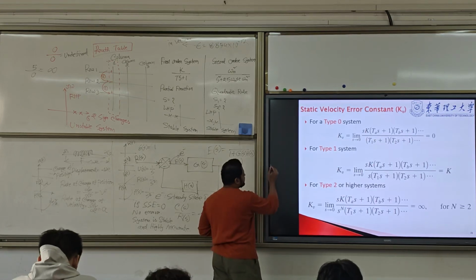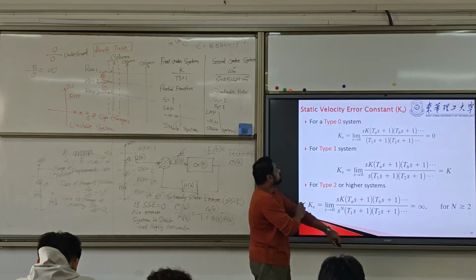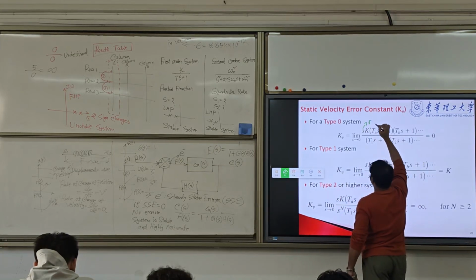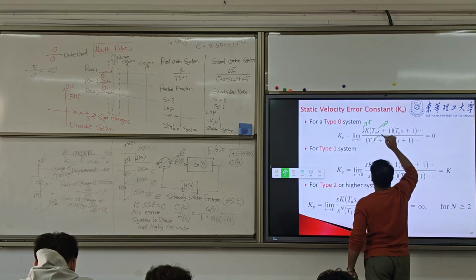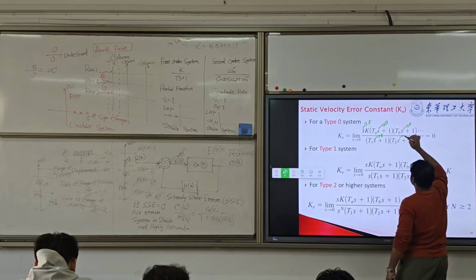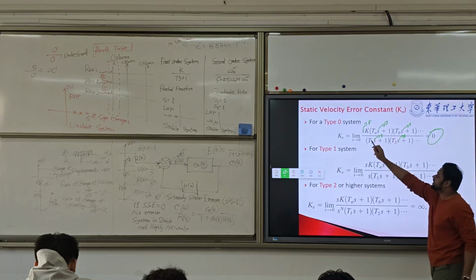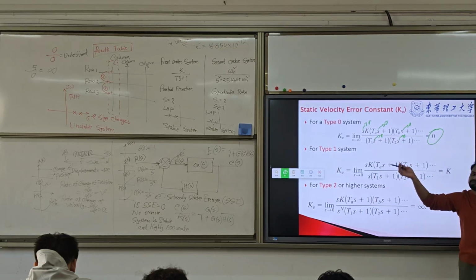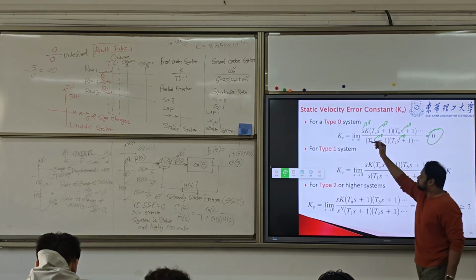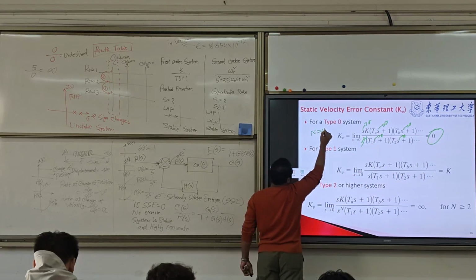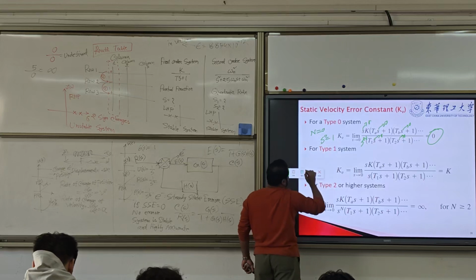So again, we need to calculate it one by one. First, put all the s values as 0, which gives 0, right? Because we have an s term multiplied by all, it is 0. So why is this 1? Sn, here n equal to 0, s0 equal to 1.